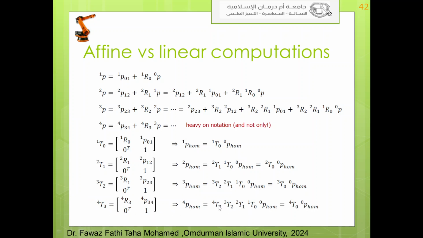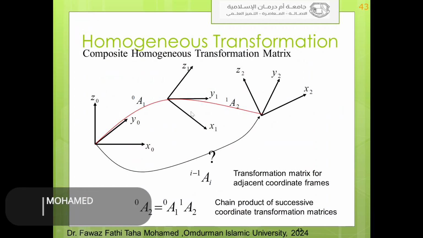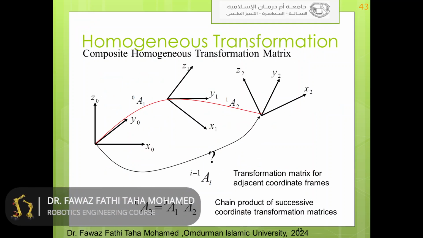If I have multiple frames and I want to find a vector in frame 0 with respect to frame 4, it is so easy to make a multiplication rather than use the affine method, which is so complex. Okay, affine versus linear computations.